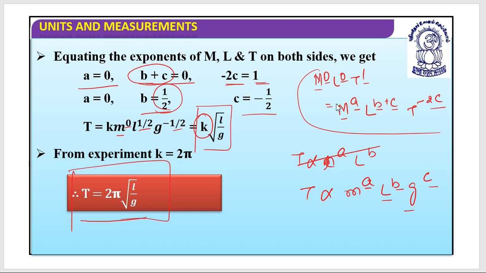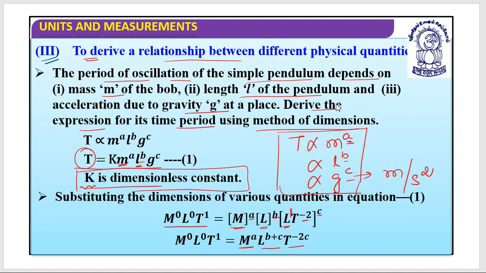Okay, so let's revise how we have done it. What we are about to do is, we just write down what is given. Here I have been given time, this depends on the mass, this depends on the length, and this depends on the g. G is the acceleration due to gravity. So I write down the dimensions of each one.